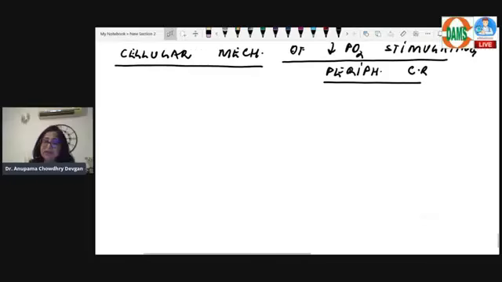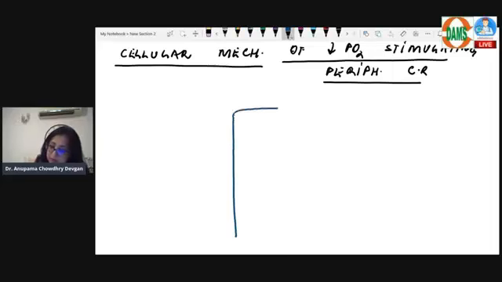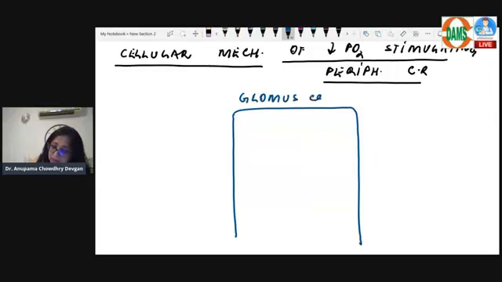So, the cellular mechanism of hypoxia stimulating the peripheral chemoreceptors. If you look at the carotid and aortic bodies, there are two types of cells present: the type 1 cell, also known as the glomus cell, and the type 2 cell.